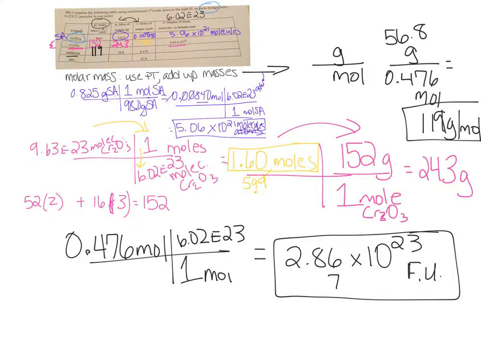Make sure you use your formula chart, your periodic table, and you look up this guy right here. And you're going to get your molar mass, and then you can apply that to get this.